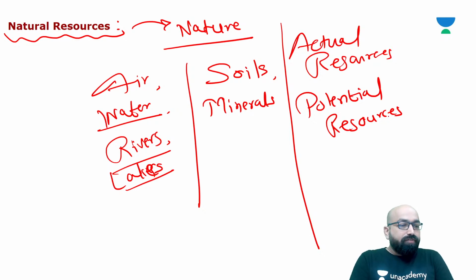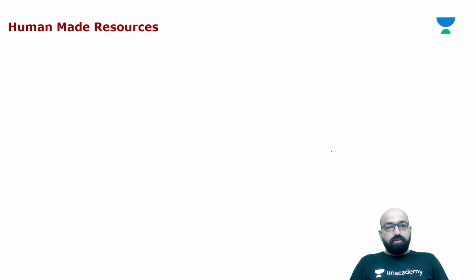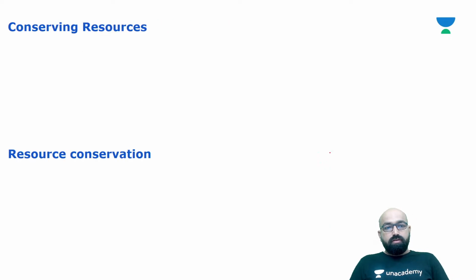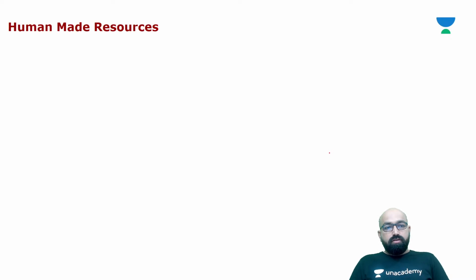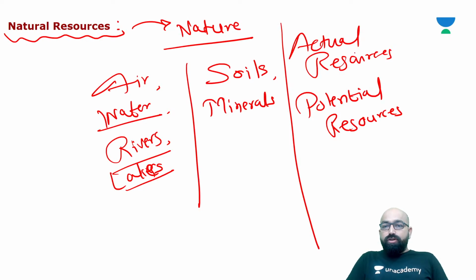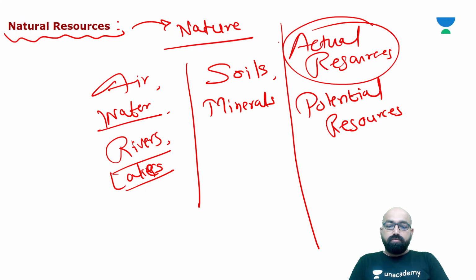Now friends, actual resources are those resources whose quantity is known. These resources are being used in the present.